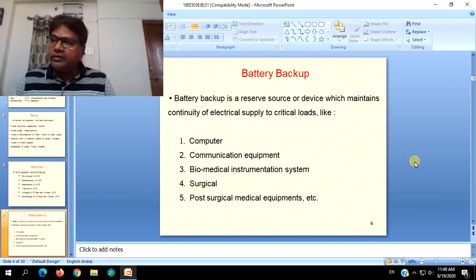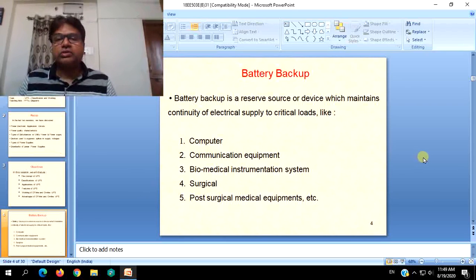But again, when it comes to our domestic loads, it is our choice whether we want continuity of supply for a particular load or not. Like when we are using computers and TVs and even lighting and fan systems in a particular bedroom or living room, for those particular loads we want a continuous supply source.